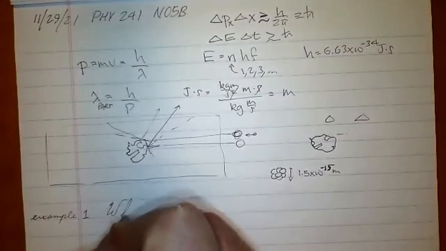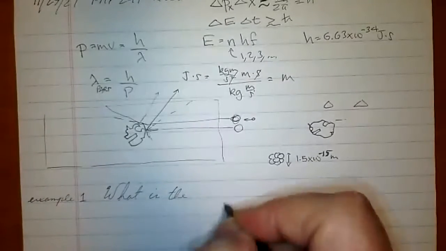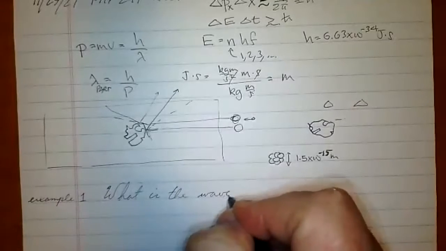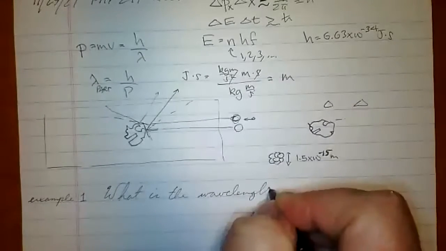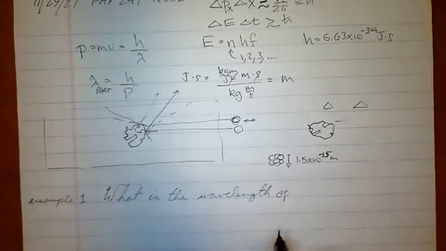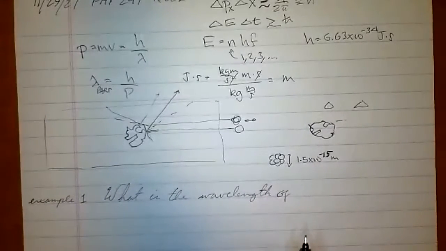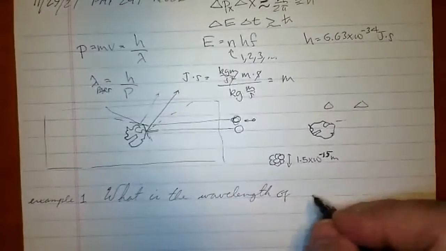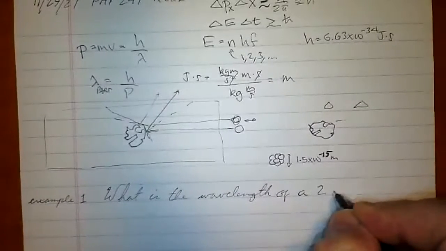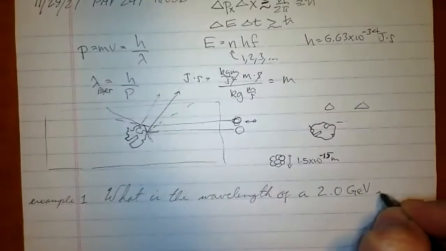What is the wavelength of a 2.0 GeV electron?